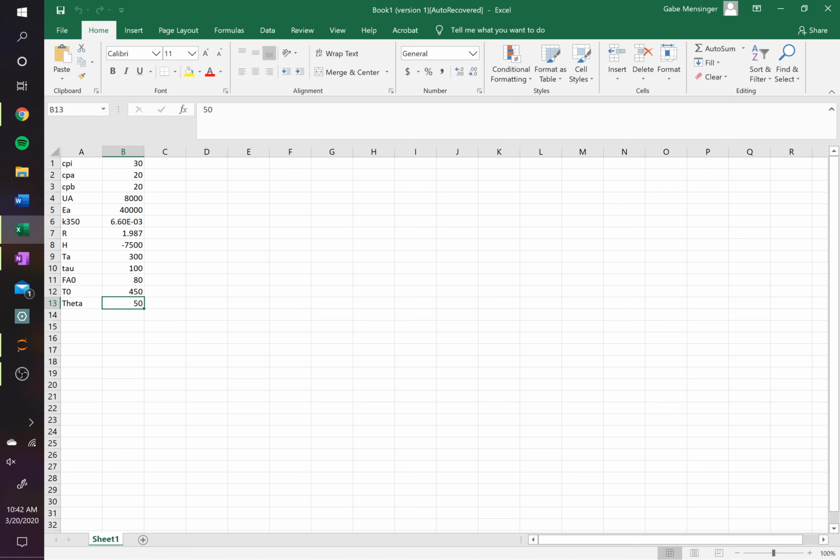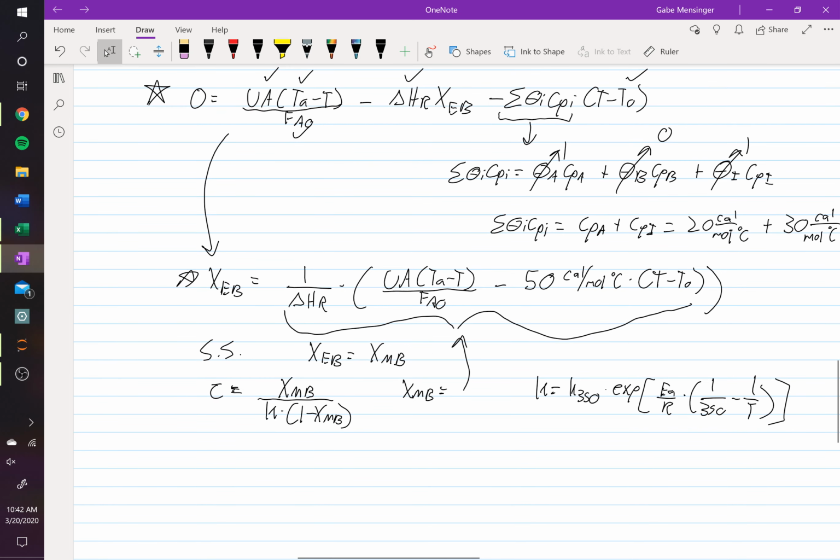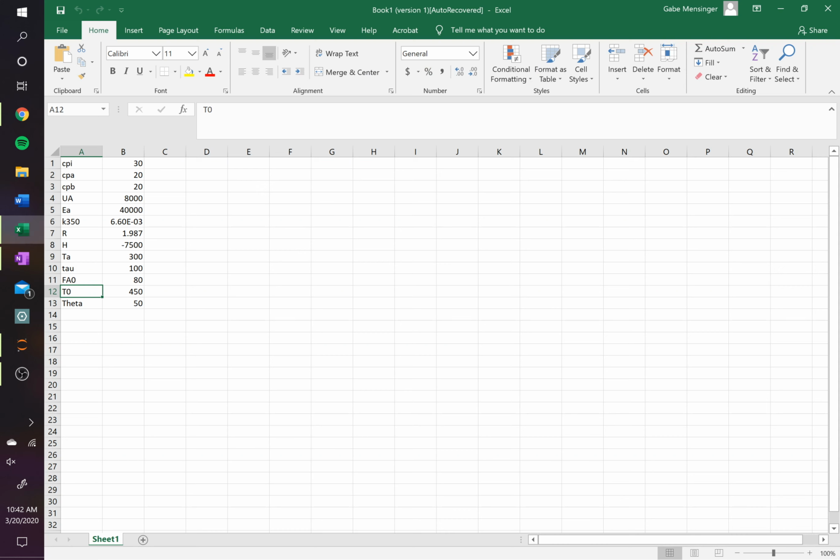The only one that was kind of solved for is this theta term, but that is what we solved for right here, so I just put it in straight as 50. What we're ultimately trying to solve for is temperature, and we're just going to put in a dummy number right now. We know that our conversion and our reaction rate constant and ultimately the mass balance are all functions of temperature.